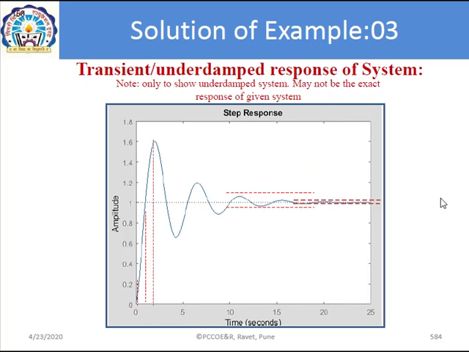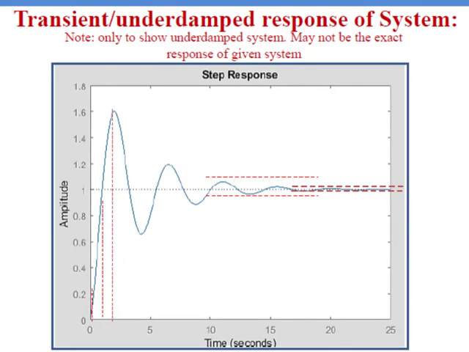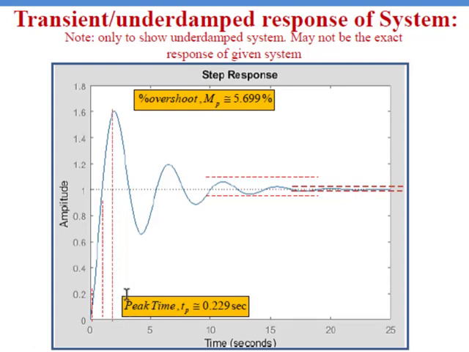Next we have to represent the transient response for a unit step function with all the values of the performance specifications. Let us represent them in the transient response one by one. First, the percentage overshoot Mp is equal to 5.699%. This is the value of percentage overshoot, and 2 is the final value. Next is the peak time.